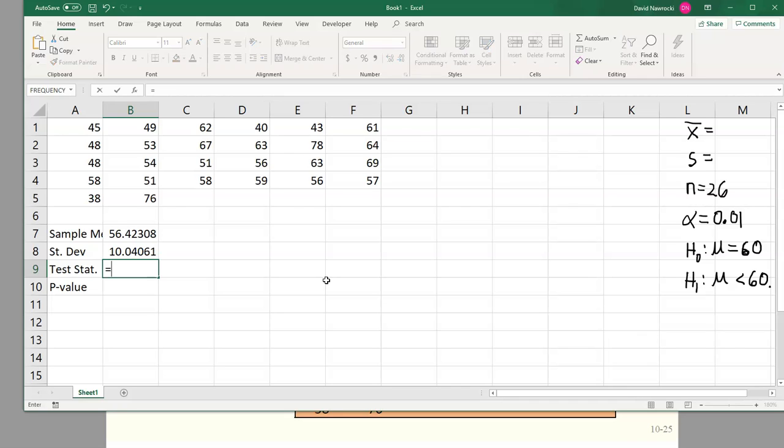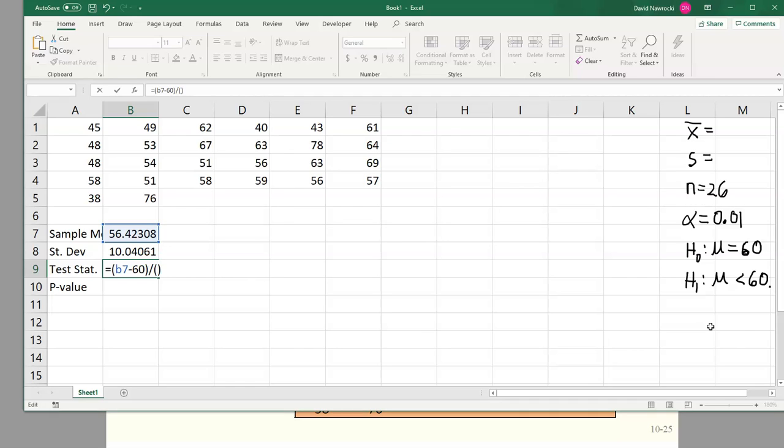Now our test statistic is going to be our sample mean, which is in cell B7, minus our mu naught. Mu naught in this case is 60. Divided by S over root n.